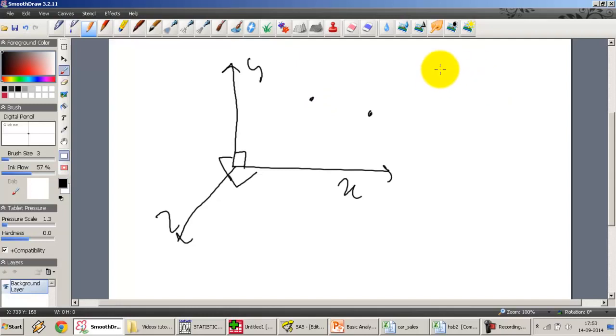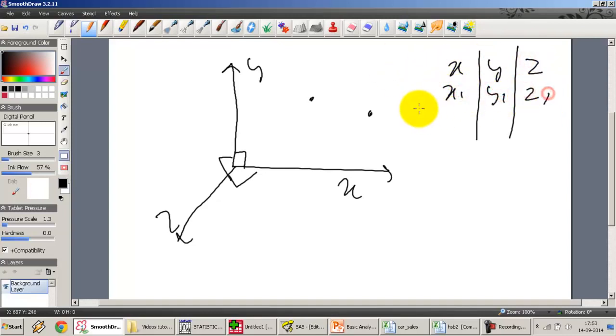For example, I've got a set of observations again on X, Y, and Z. Observations X1, Y1, Z1 is one observation. I've got another one, X2, Y2, Z2, all the way till I've got observations Xn, Yn, and Zn. So I've got n observations, and I can plot them as n different points in this three-dimensional space, right?